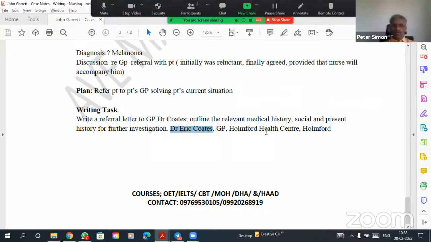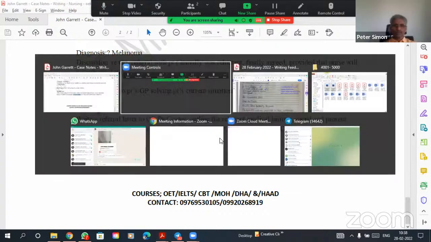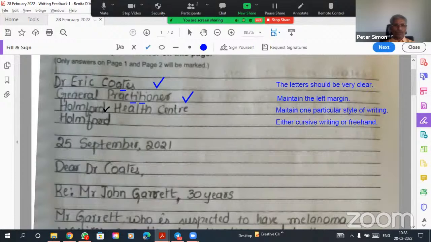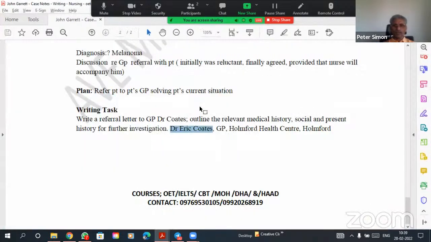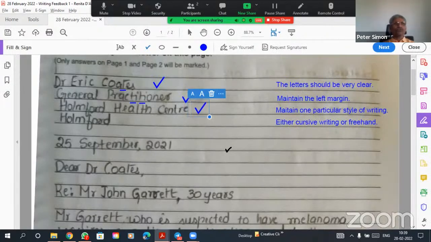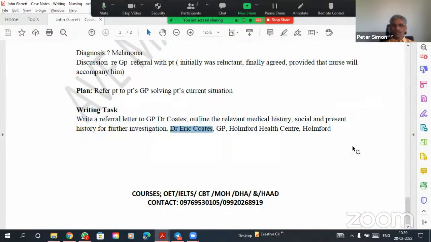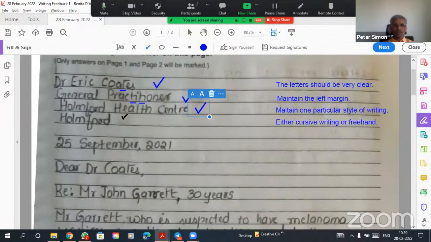GP, Homeford Health Center. Homeford Health Center, right? Very good. The next one, Homeford. Yes, that's very clear.